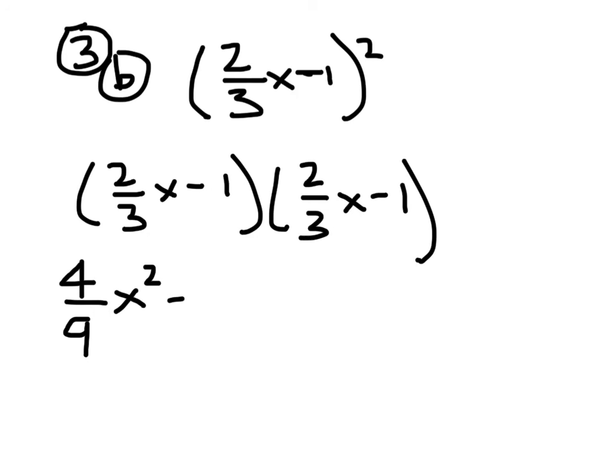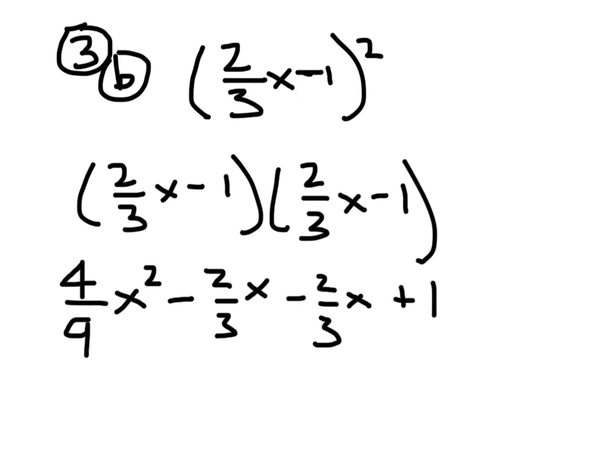Now when I do the outside, I'll have 2/3 x times negative 1, and the inside will be 2/3 x times negative 1, and lastly, negative 1 times negative 1 is positive 1. I wish I could stop here, but I can't because the directions said to express the product as a trinomial, and I have 4 terms. I guess this would be a quadrinomial or a polynomial, but it doesn't have 3 terms.